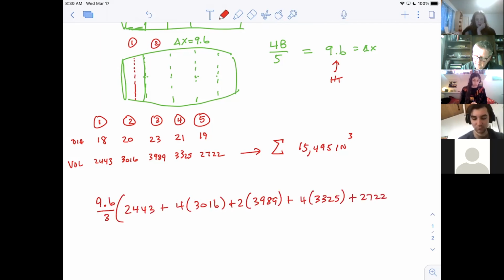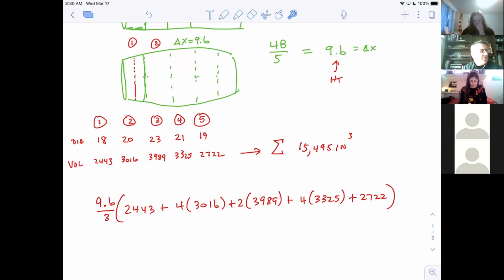Do you see why in this case I needed 5 of them? Because I actually have to have an odd number of numbers in order for that pattern to work. Notice it went 1 and then 4 and then 2 and then it ended 4 1. It's symmetrical. 1 4 2 4 1. So I needed 5 numbers to do that. But isn't that going to be huge? Yeah, that's going to be huge. That's not right.